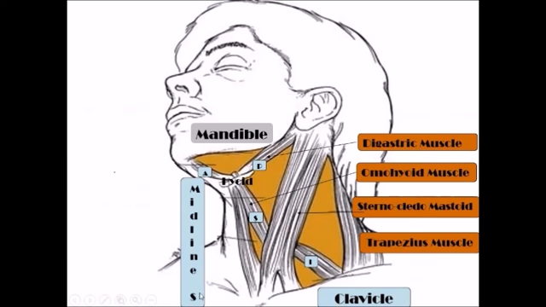We have shown here the midline structures of the neck and the imaginary line drawn from here, and the mandible, hyoid bone and the clavicle are here, and the four muscles, two lines, three bones, and four muscles: digastric, omohyoid, then this omohyoid, then we have the sternocleidomastoid, then we have the trapezius behind.